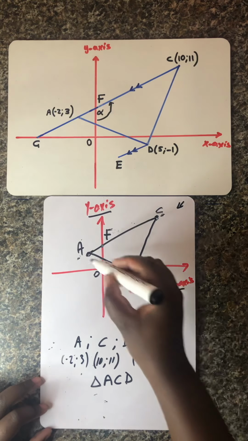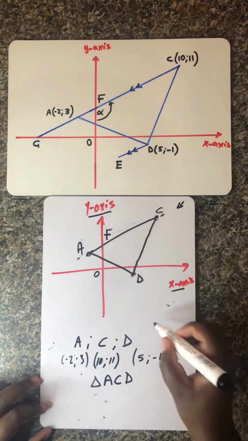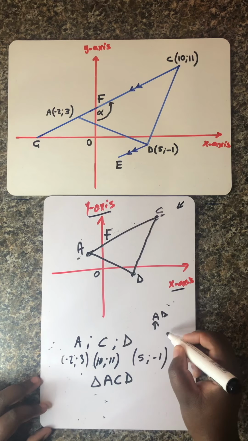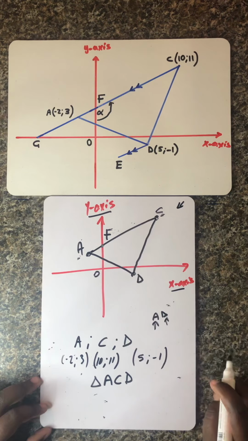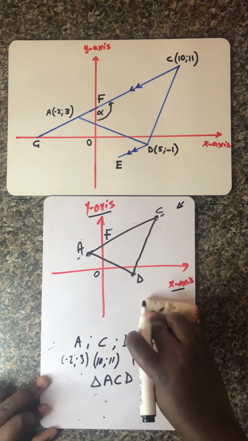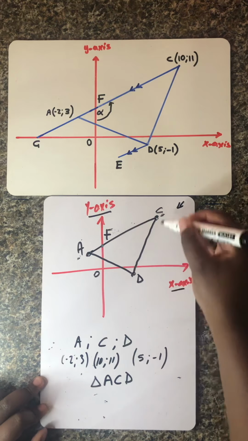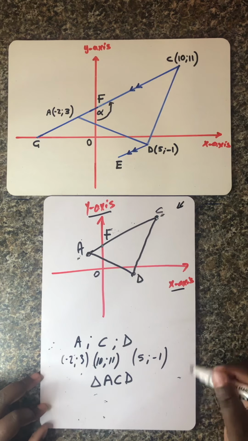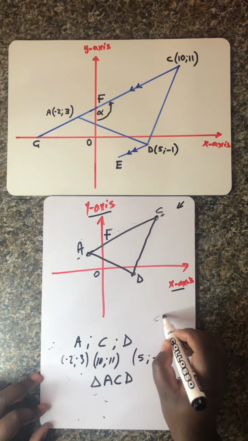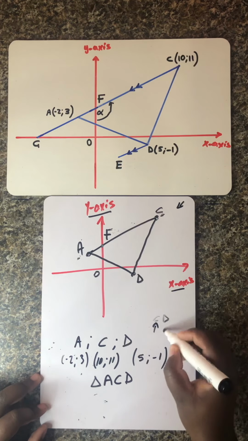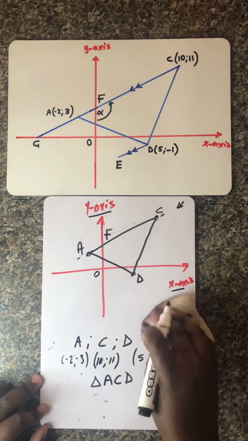So now, if I have to deal with A and D, then I'm going to say AD, because A comes first and then D comes second in terms of the order in which alphabets are written. If I'm dealing with DC, I won't say DC, but instead I will say CD, because C comes first and D comes second.